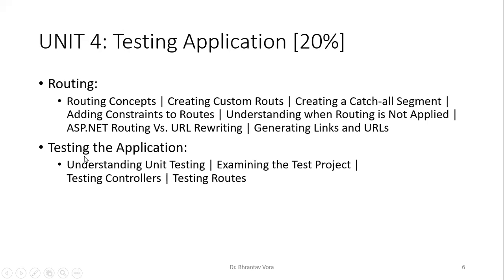Now, apart from this, the name of unit 4 is testing application, but there is one more point, that is routing. What is routing? Routing concept, how to create our own custom routes, how to create a catch-all segment, and all these points regarding routing. What is normal ASP.NET routing and URL routing, that we will discuss in great detail in this unit.